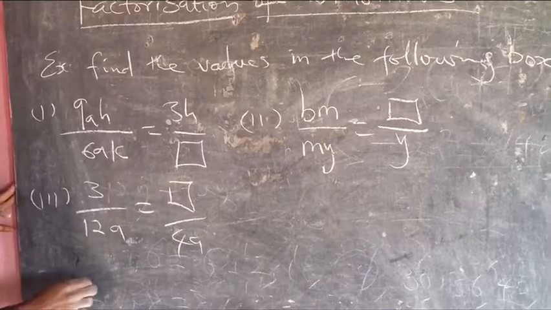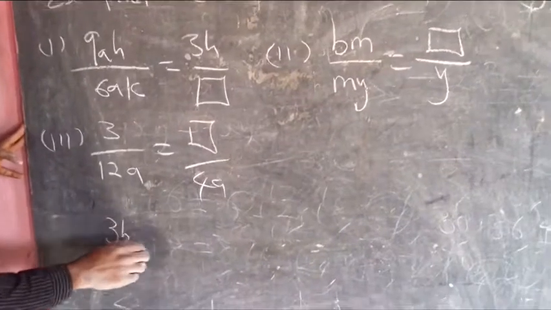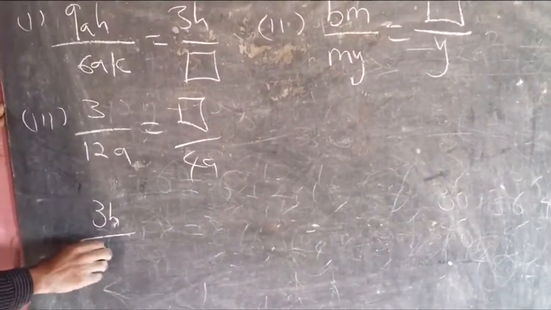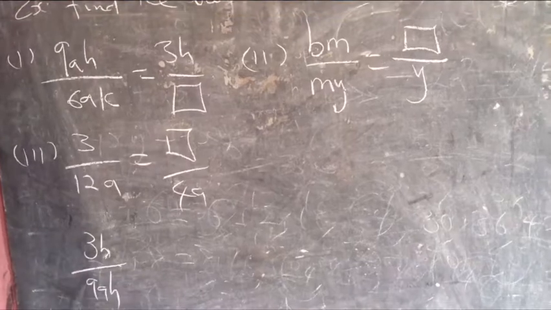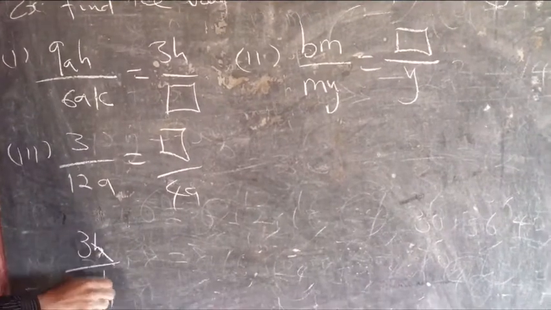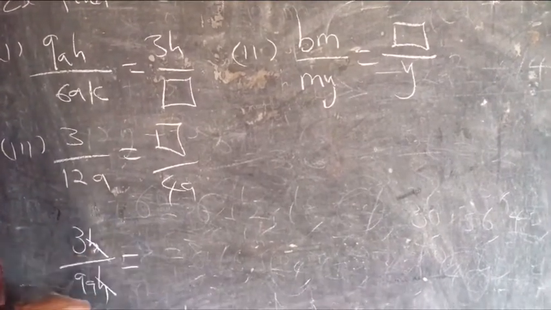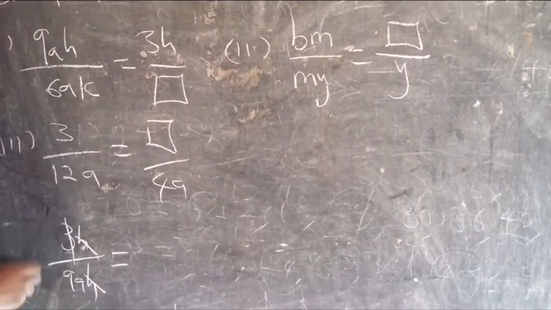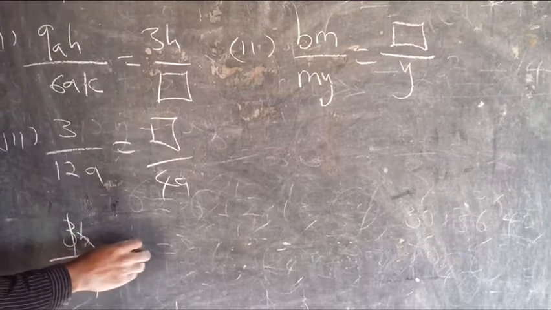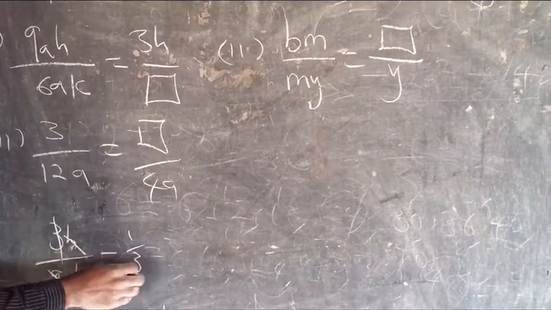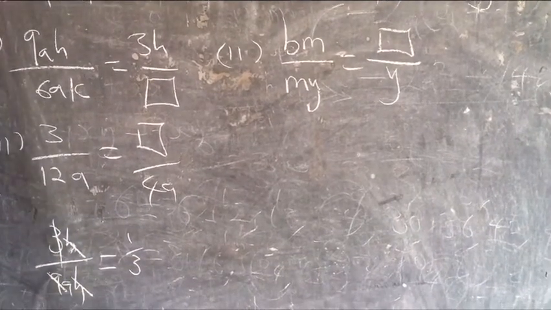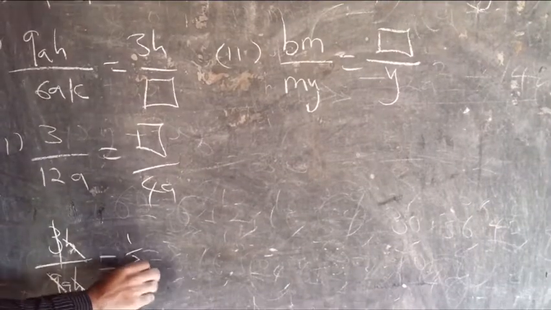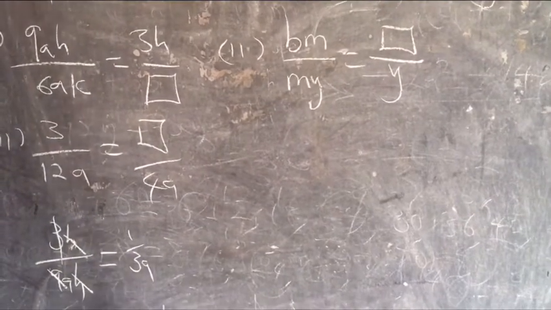So let's use 3h divided by 9a. This one will cancel this one, and then a will remain, and then 3 here is 1, 3 here is 3. We'll get 1/3a.